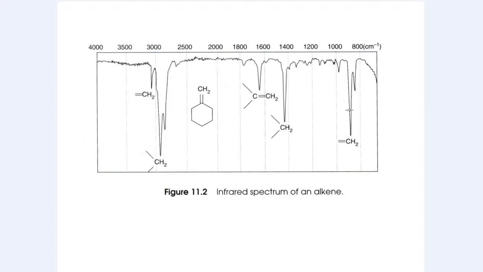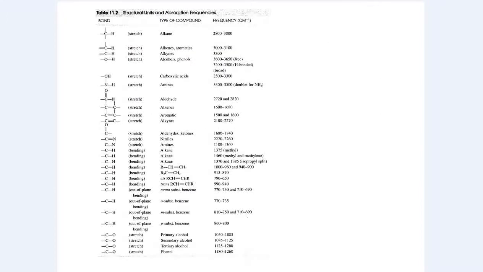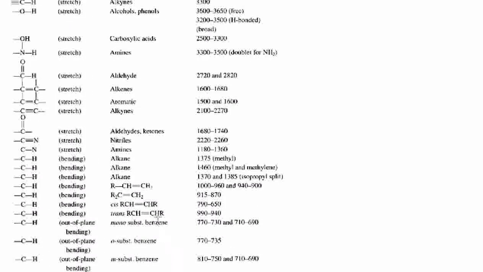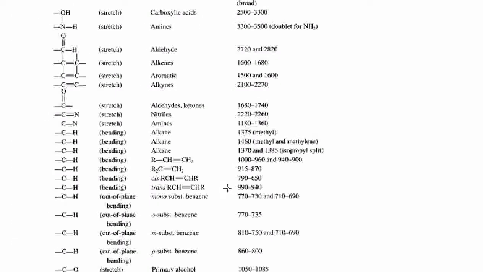So remember that value. Ignore this little peak right here, but basically one peak in that alkene bending region. Let's see if that corresponds to the alkylidene bend. Indeed, you can see it does.